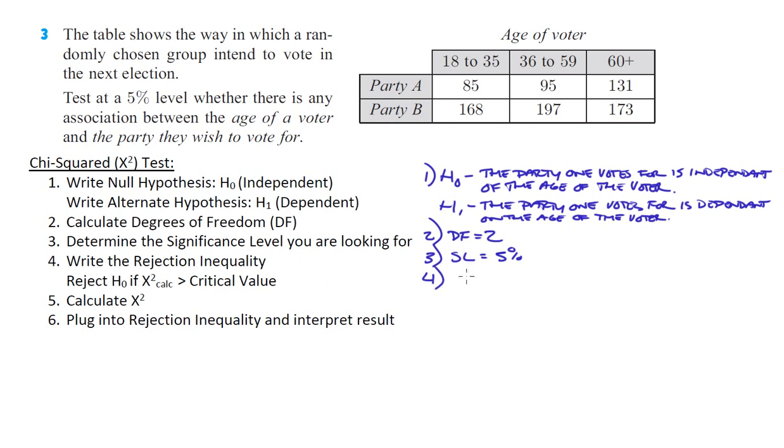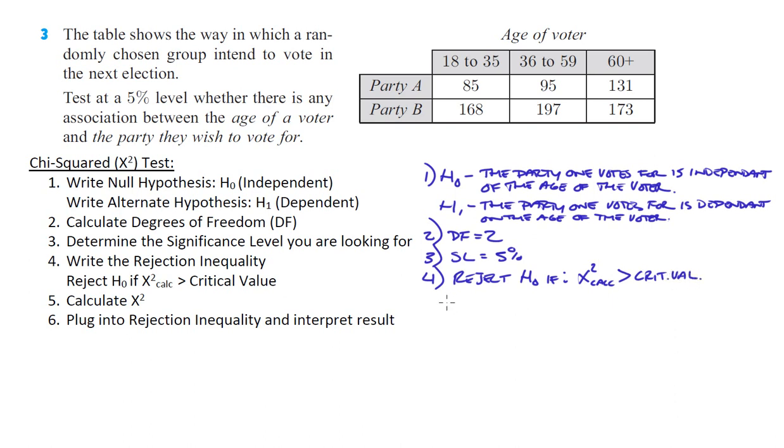Okay, 4, write the rejection inequality. So that is right here: reject our null hypothesis, H0, if chi-squared calculated is greater than the critical value.